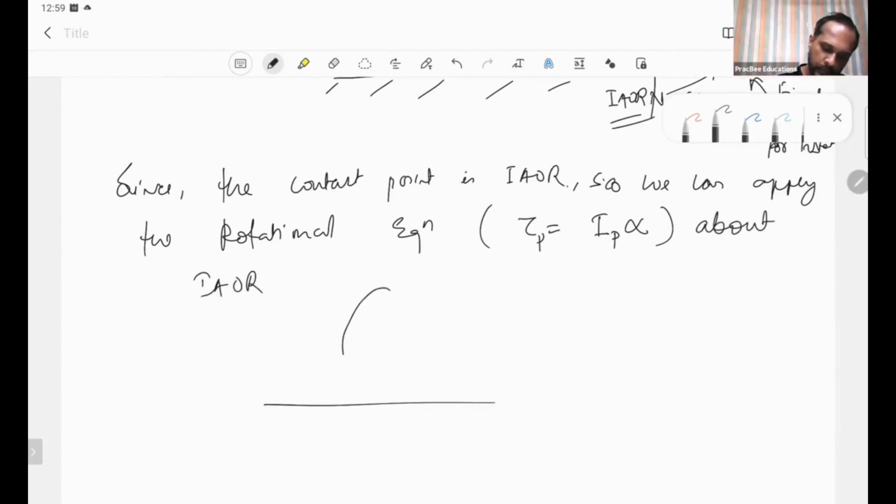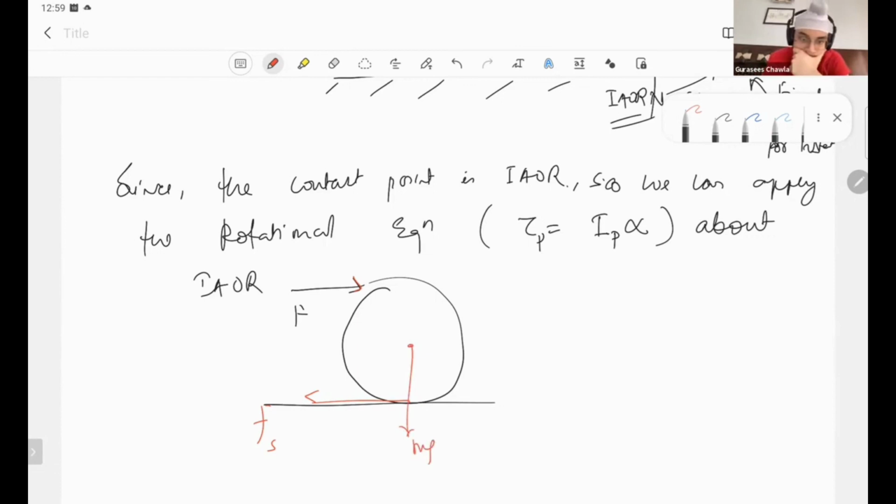Suppose I apply a force F on this point, and there is friction, Fs, in pure rolling. Fine, mg is like this, and the normal reaction passes through the center. If you take torque about this point P, you will get a big advantage compared to the center of mass.